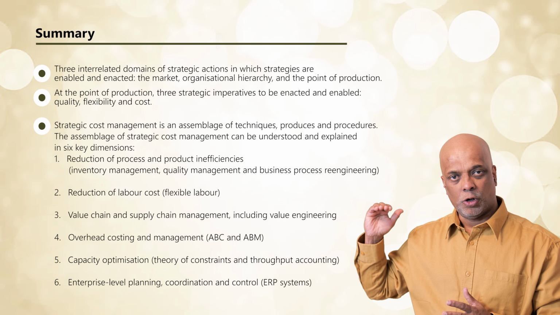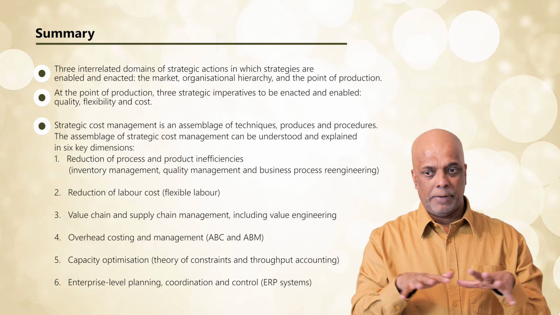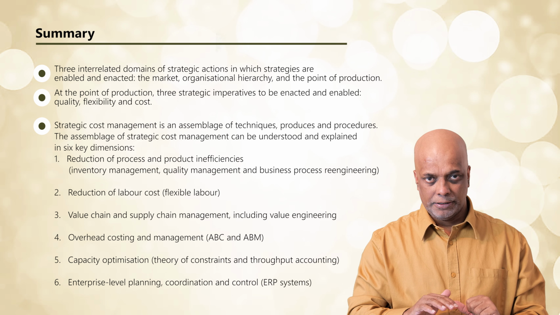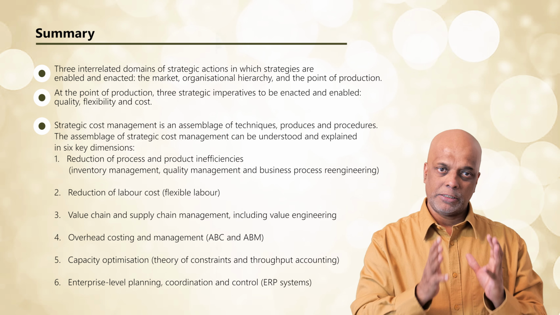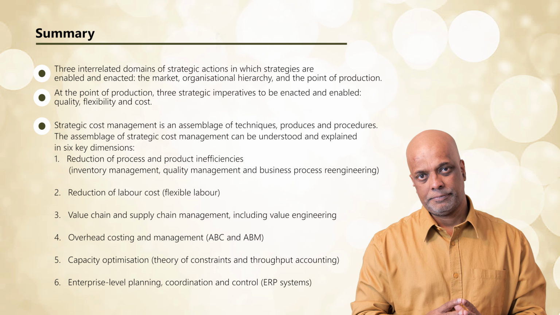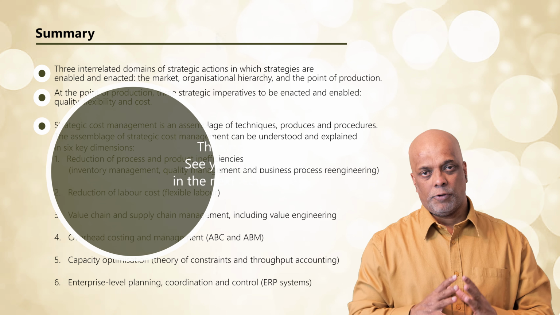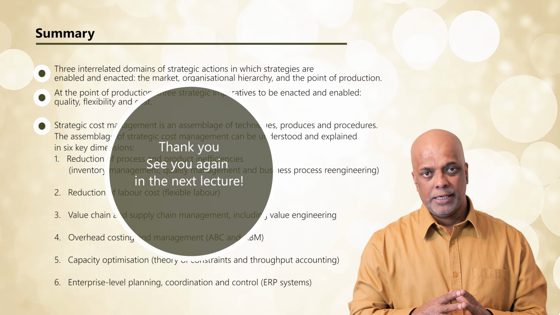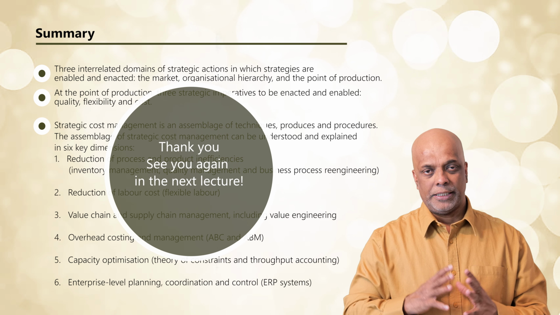And finally, we talked about enterprise level planning, control, and coordination, where we paid special attention to enterprise resource planning systems. Thank you very much for listening to this lecture, and see you again in the next lecture.